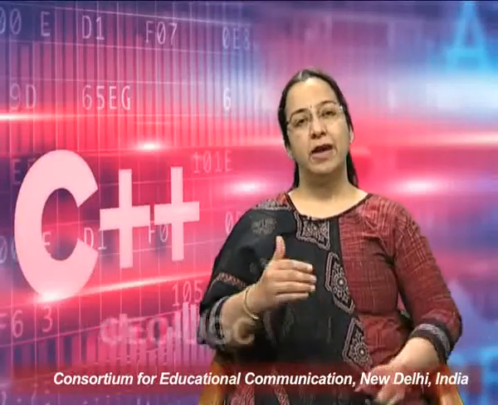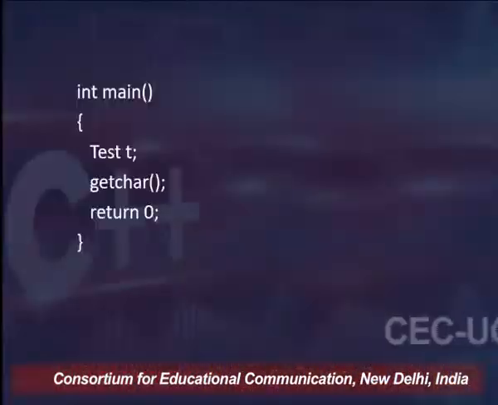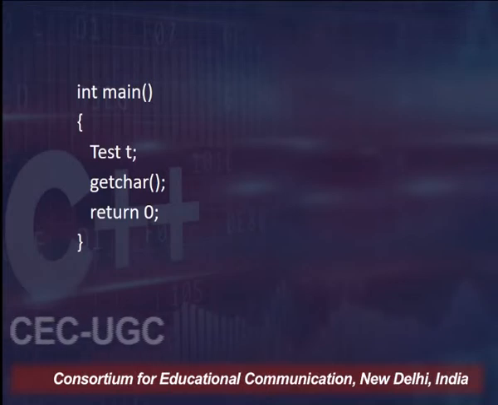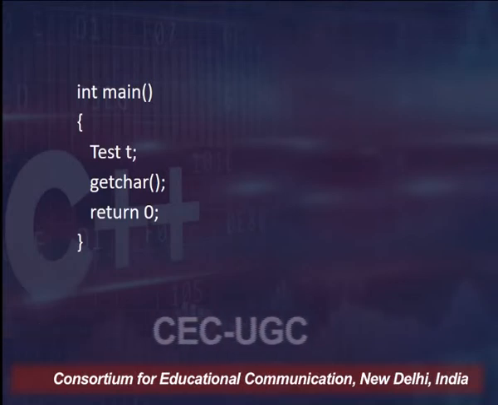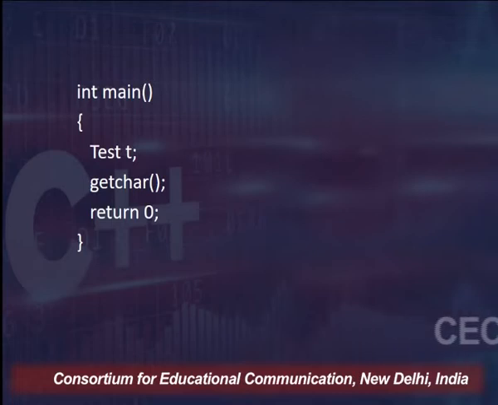So even if we write a main function here in which we make an object of the class, test t, even this object creation will not be successful, because the program is not going to get compiled.